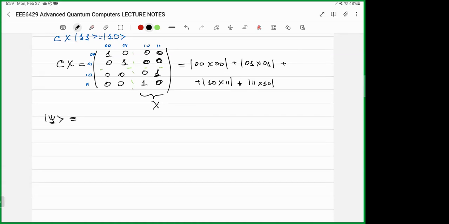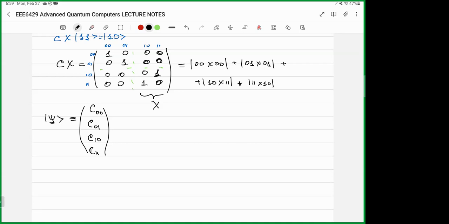I remind you that an arbitrary state is a vector, right, in this double qubit space. It is a column vector C00, C01, C10, and C11, right?